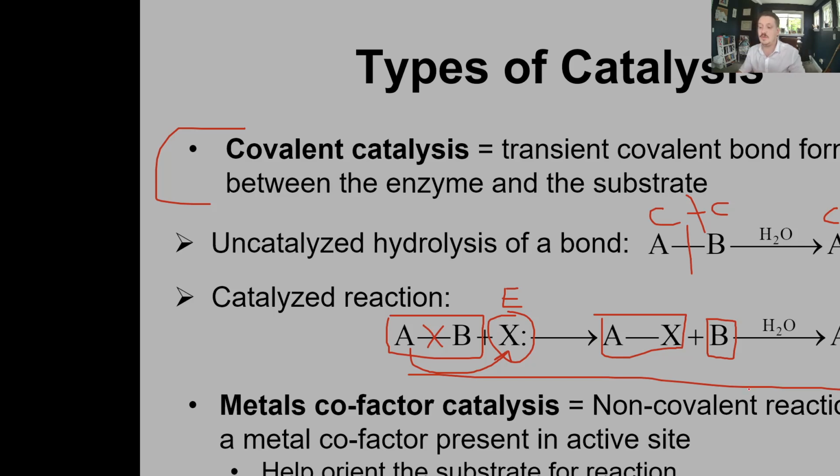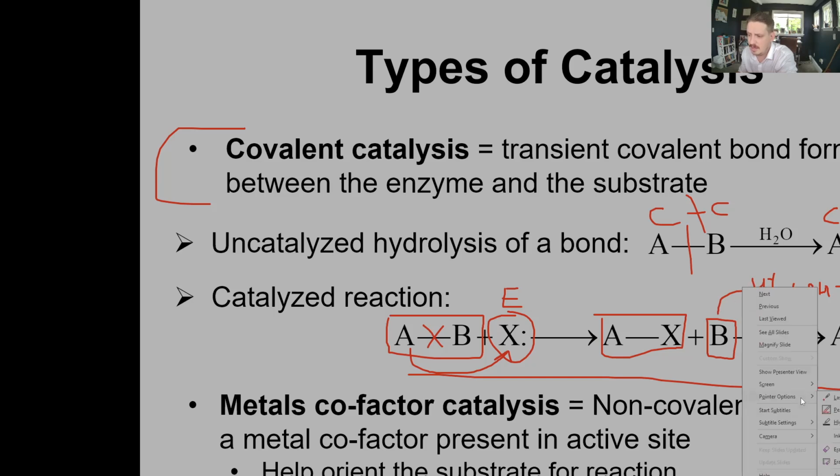But the thing is now that you've done part of the reaction, so you've broken that bond and released B, but A is still bound to the enzyme. To release it from the enzyme, typically what happens is that water will be hydrolyzed into H plus and OH minus. And typically what might happen is that the H plus might react with the enzyme E, and the OH minus would react with A. These are all general examples.